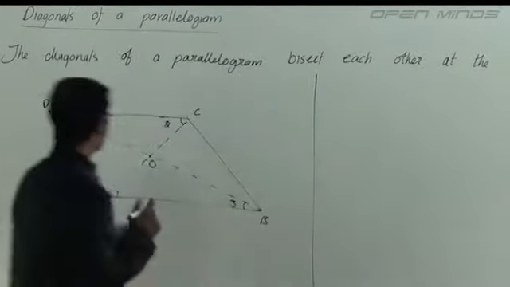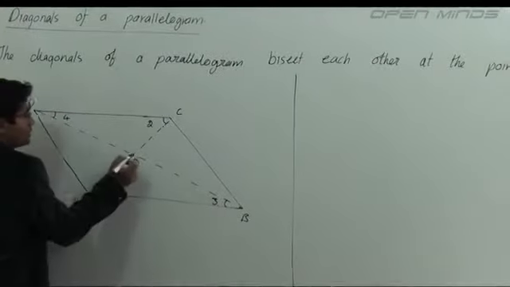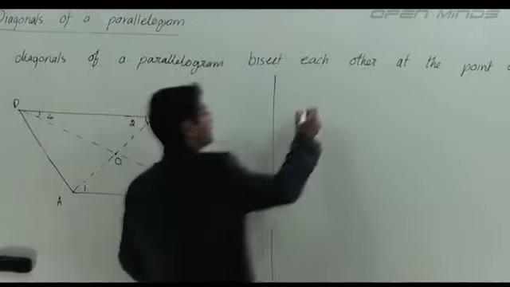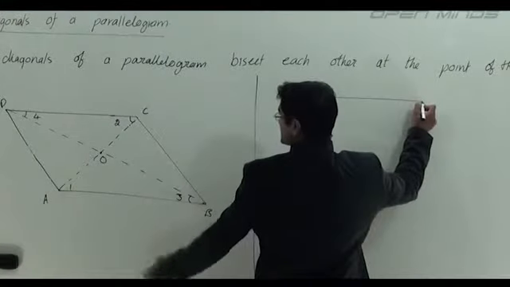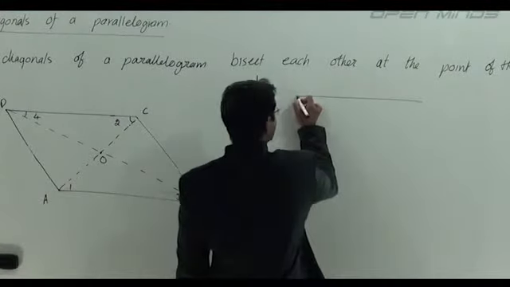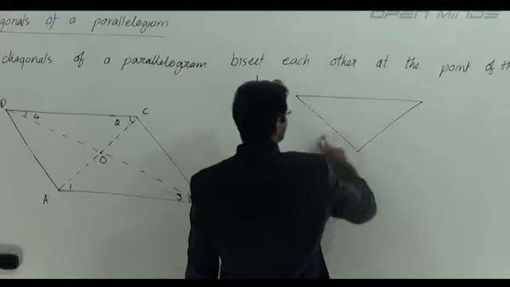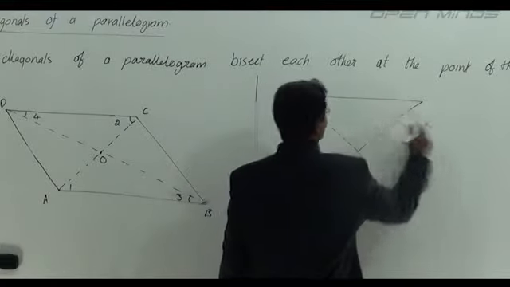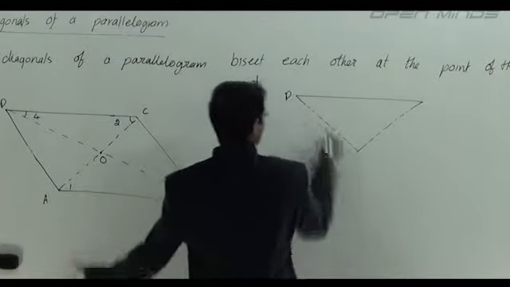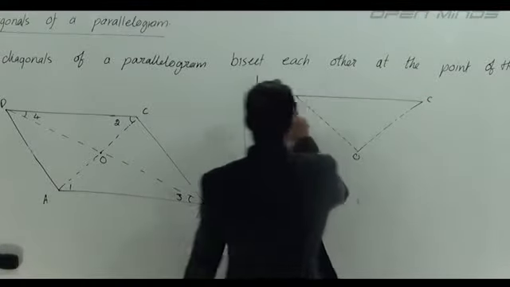So for that, let me take this triangle, the triangle DOC. Let me draw that. I'm just drawing this triangle, DOC, and let me name it D, O, and C. Good.